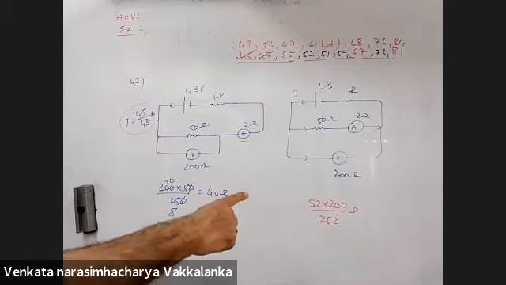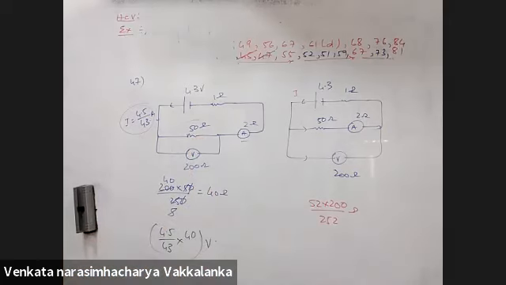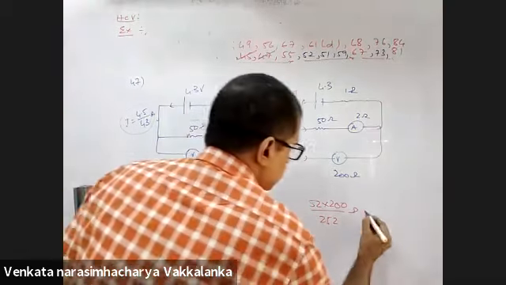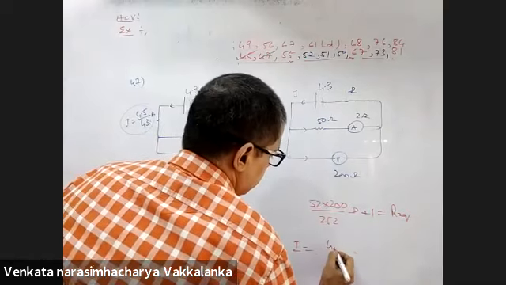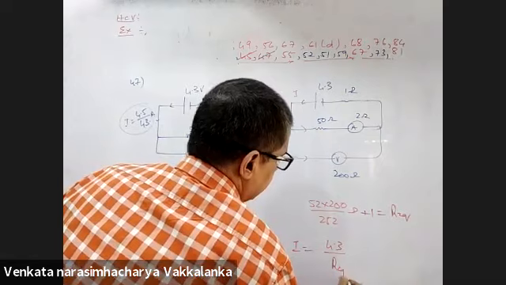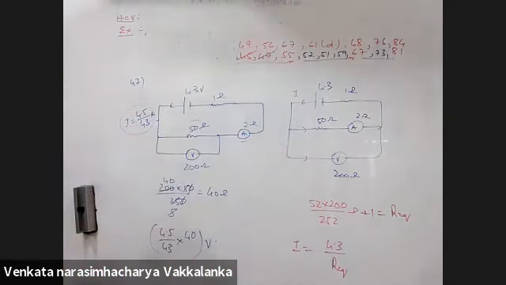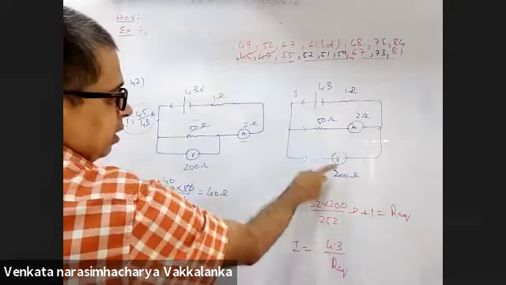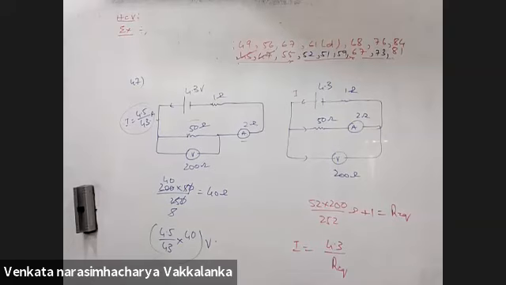Here the equivalent resistance is a bad calculation. 200 into 52 divided by 252 plus 1. The whole of this plus 1 is the net equivalent resistance. Net total I is 4.3 divided by R equivalent. Use a calculator. That current you will split into both these branches. How do I get the current here? Resistance in the opposite branch divided by the sum of both the resistors into the incoming current.